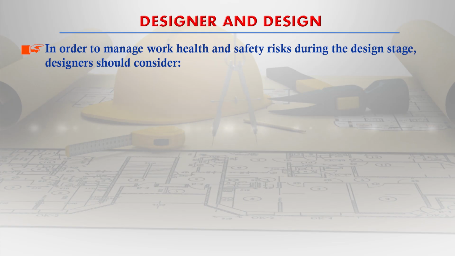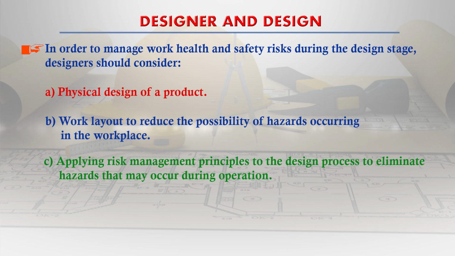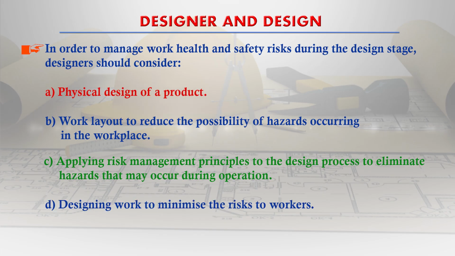Designers should consider: A. physical design of a product, B. work layout to reduce the possibility of hazards occurring in the workplace, C. applying risk management principles to the design process to eliminate hazards that may occur during operation, D. designing work to minimize the risk to workers.